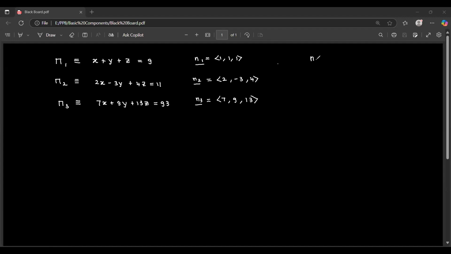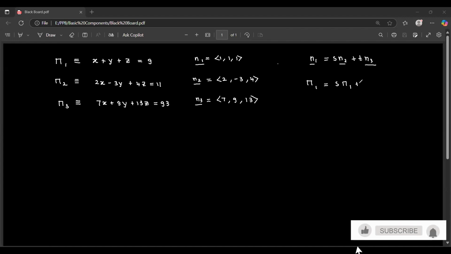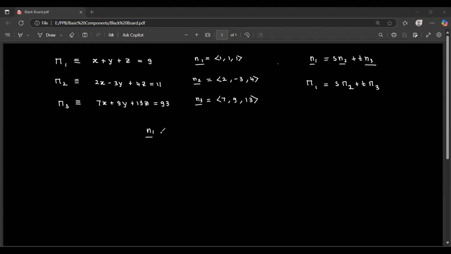Instead of trying to prove that n1 is equal to s n2 plus t n3, you can use a specific verification method, such that n1 dot (n2 cross n3) is not equal to 0. If this expression is not equal to 0, you can say that these three planes have a single solution.